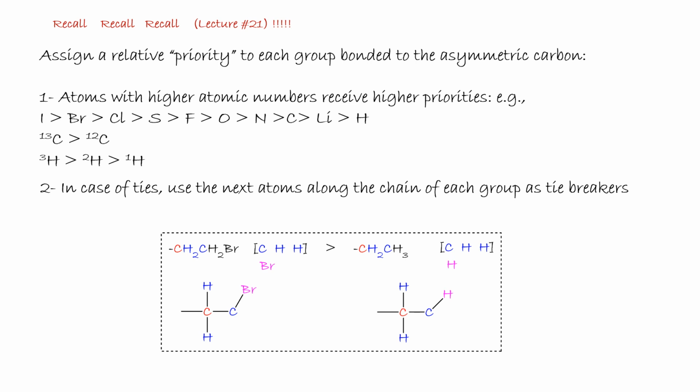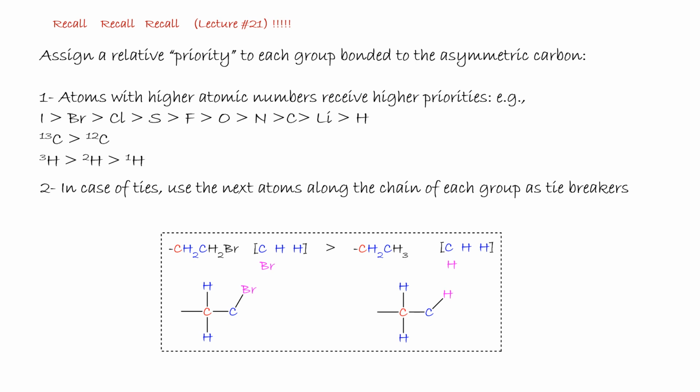If you are going to use cis trans, you have to have two identical groups on each carbon of the double bond. If not, you have to use E and Z.